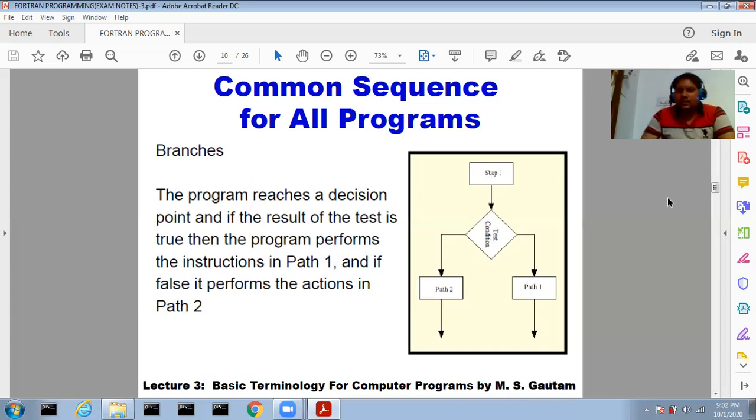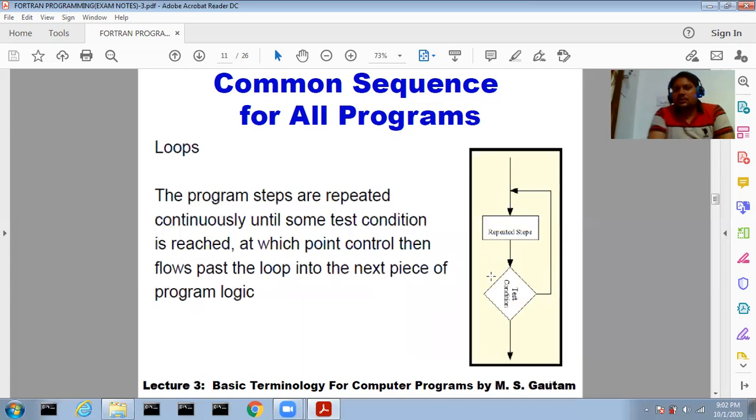For instance, in this example, when our program is at step 1, the arrow indicates some test condition. If the condition is satisfied, the computer will follow path 1. If not satisfied, the computer will follow path 2. This type of structure in the program is known as branches.